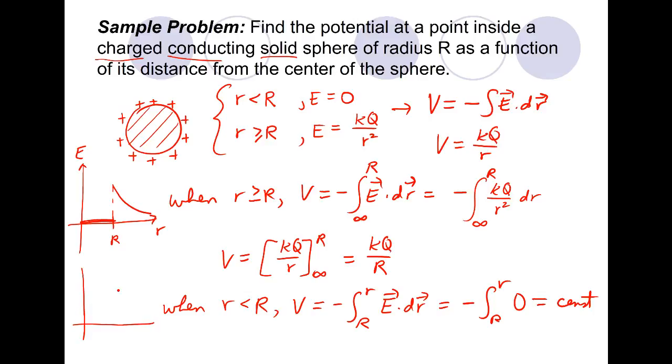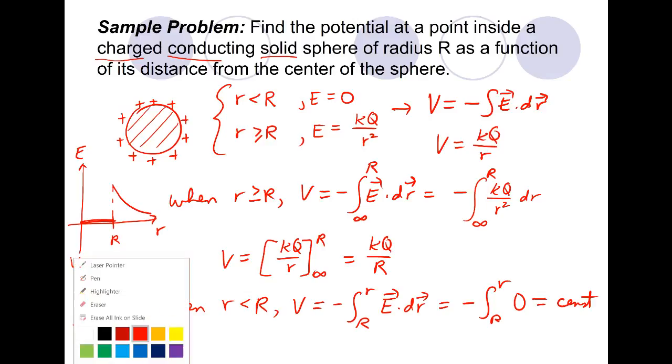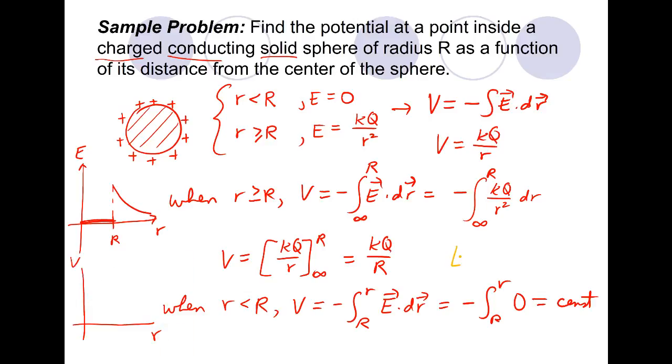My potential is any function whose negative derivative will give me E, because remember that E is equal to negative dV dr. So whatever function I pick for V, I have to be able to take the derivative and get my electric field graph.